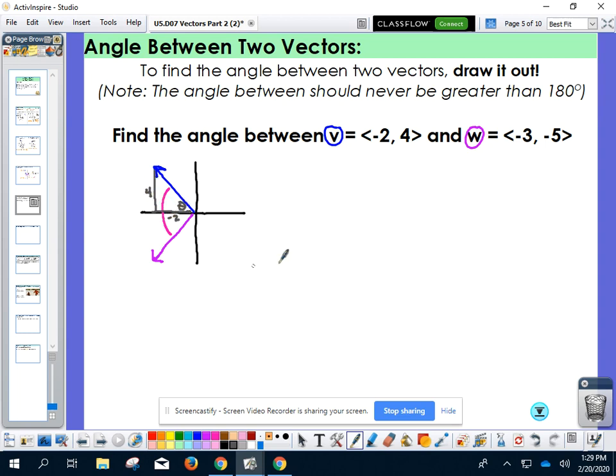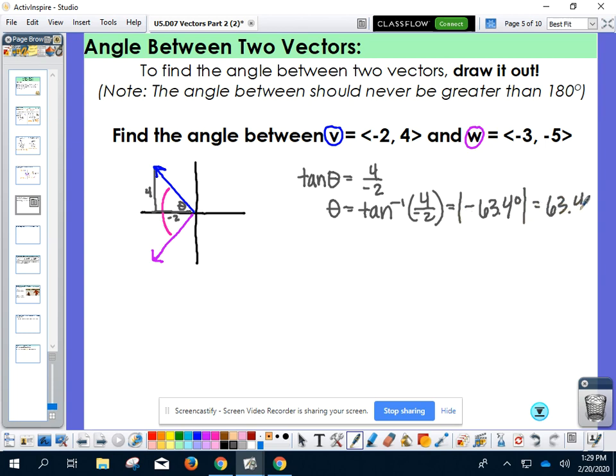So for that theta value inside, I would say tangent of theta equals opposite over adjacent, and then solving for theta, inverse tangent of 4 over -2 is what we're looking at today. In that particular case, we end up with a negative number, -63.4, which doesn't really make a whole lot of sense for a triangle, so we take the absolute value of that, and we get 63.4 degrees.